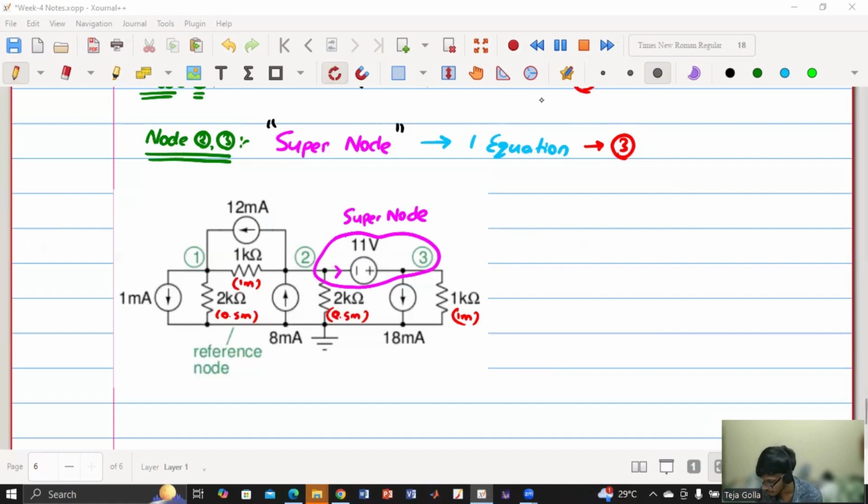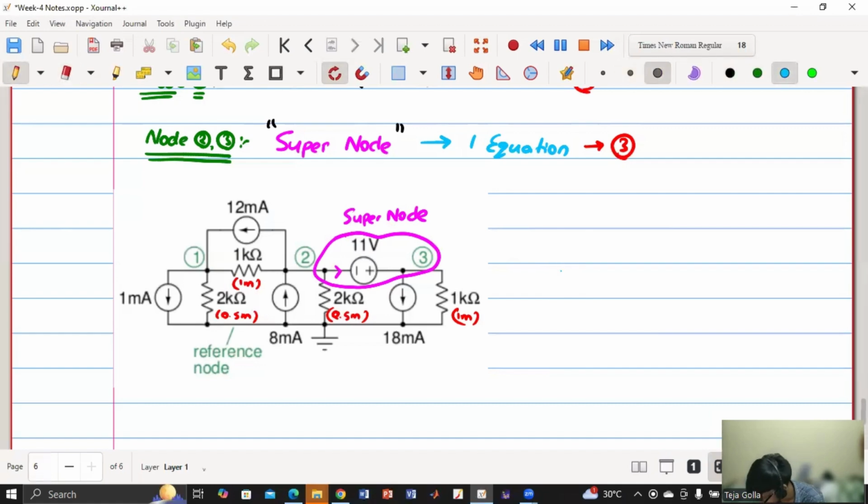Can you tell me what is A12? Minus 1 milli. Yes, so minus 1 milli into V1, and then A22. Others are following, right? Hema, are you following? Yes, sir.